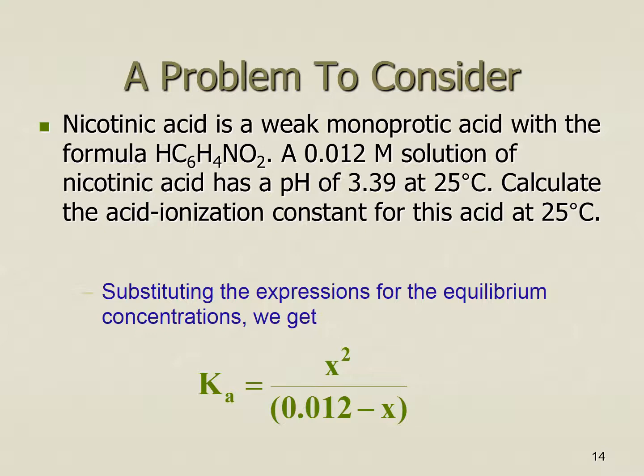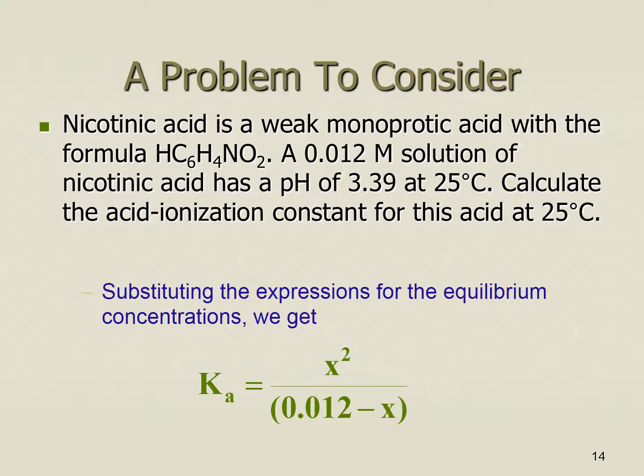X equals Ka. So I just want to stop here for a second, because almost all of the problems that we're going to do will end up at this equation where you know the equilibrium expression and the Ka. In this case, we don't know the Ka, we're trying to find it. So some other information in the problem is going to tell us what X is.